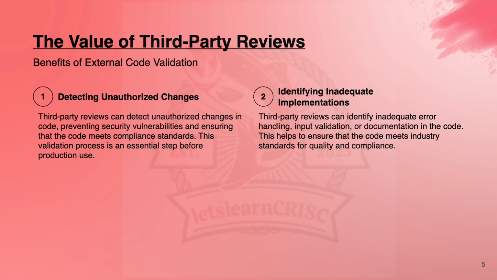Friends, industry standards outline the best practices and benchmarks for software development, ensuring that code meets certain quality criteria. In addition to quality, industry standards may include compliance requirements related to security, privacy, and other regulatory aspects. So if a healthcare application must comply with the Health Insurance Portability and Accountability Act regulation, the third party review ensures that the code aligns with these compliance standards.